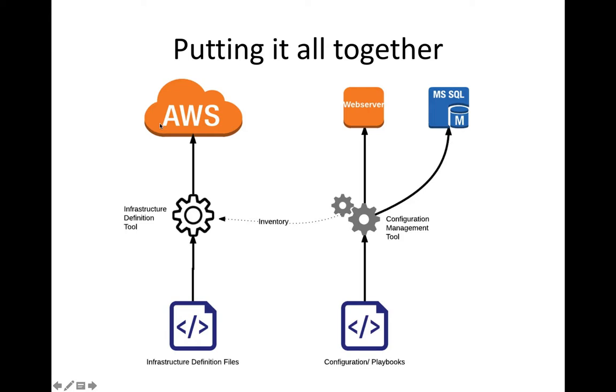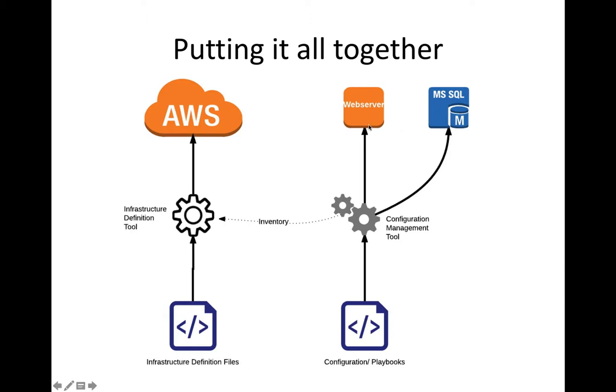And then once those resources have been provisioned, we can then use a tool like Ansible to go out and automatically run a set of playbooks against those infrastructure resources, effectively turning each of those EC2 instances into a type of server.